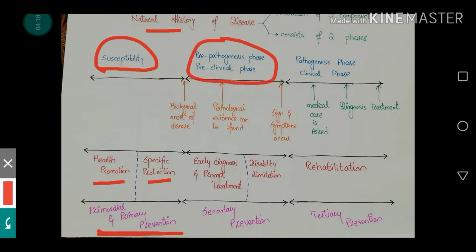In this phase, secondary prevention will be our line of defense, and it is further divided into two parts in terms of mode of intervention, and that includes early diagnosis and prompt treatment. Though disability limitation is categorized by some authors under secondary prevention and by some other authors under the heading of tertiary prevention. Tertiary prevention can only be used in the pathogenesis phase, and it includes rehabilitation.